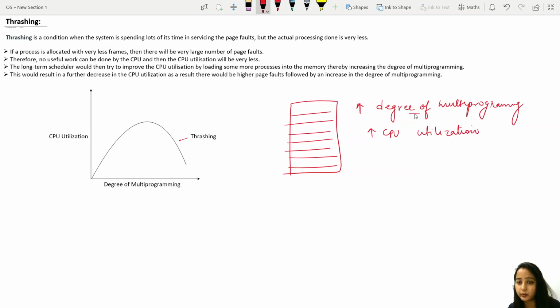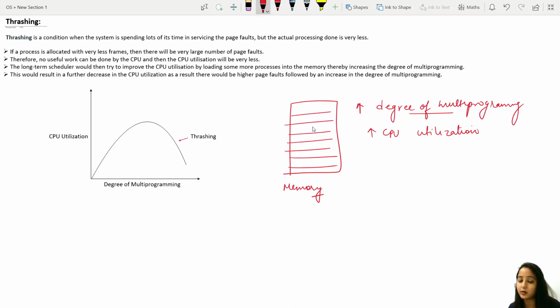So for increasing the degree of multi-programming, I have to bring more and more processes into the main memory. But we have a size limitation for the memory, so it's not possible to increase the degree of multi-programming beyond some extent, right?